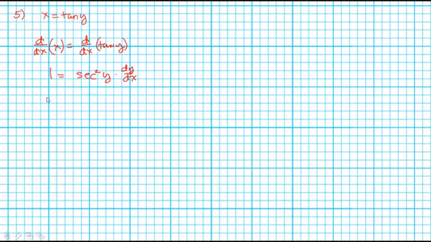Now, let's divide both sides by secant squared y, and I get 1 over secant squared y is equal to dy/dx. Or, seeing that secant is defined as 1 over cosine, this is really equal to cosine squared y is equal to dy/dx. That's number 5.